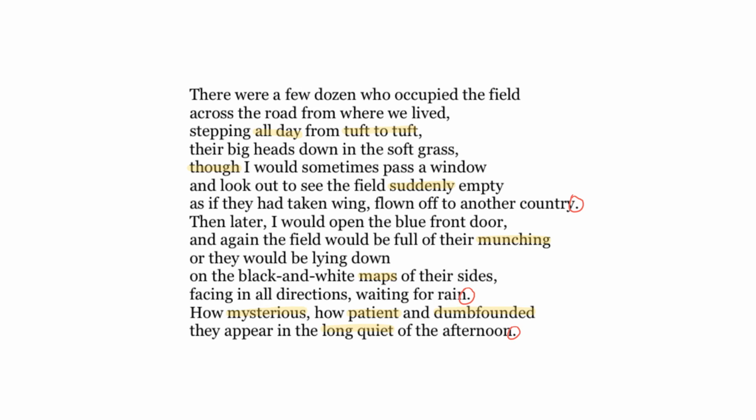These are all things that separate the speaker from the cows. They're boundaries or thresholds. So we're thinking about the cow as something on the other side of various boundaries, something separate from the speaker, and therefore perhaps strange.